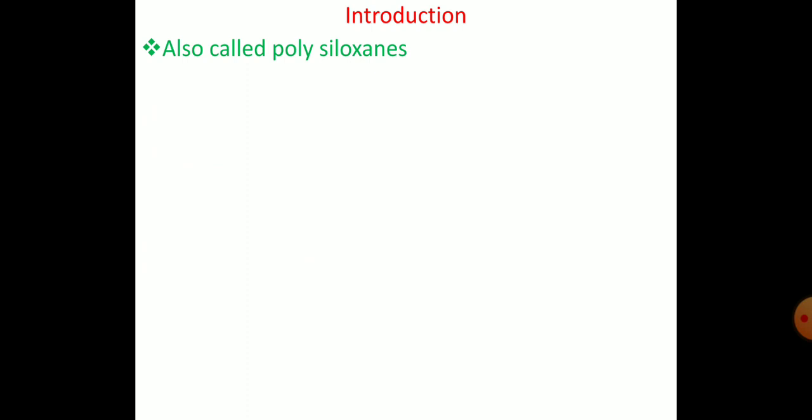So when the units of silicon and oxygen are repeated many times, what do we get? We get silicones. So these silicones are also called polysiloxanes. Poly in the sense many, and siloxane in the sense silicon and oxygen units. So they are called polysiloxanes.